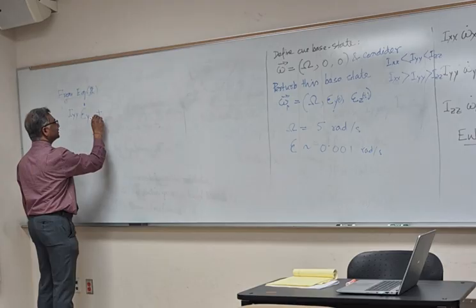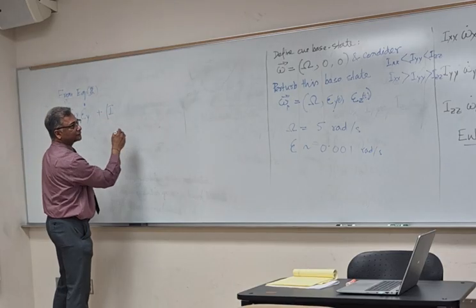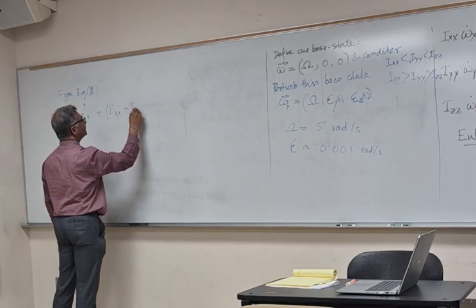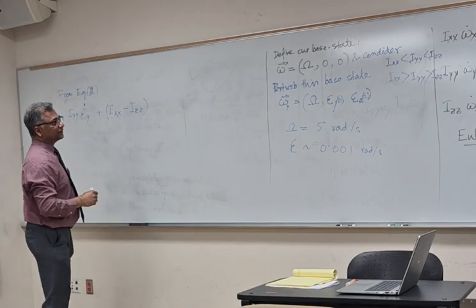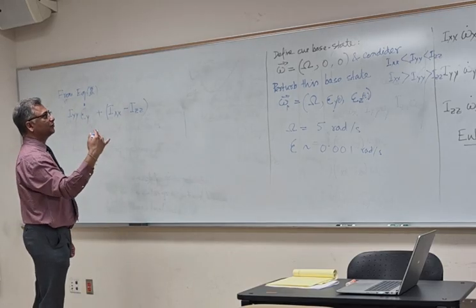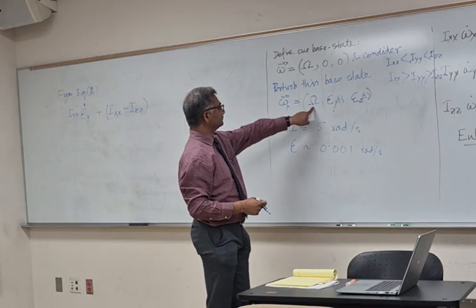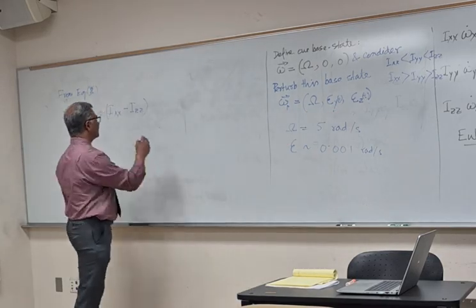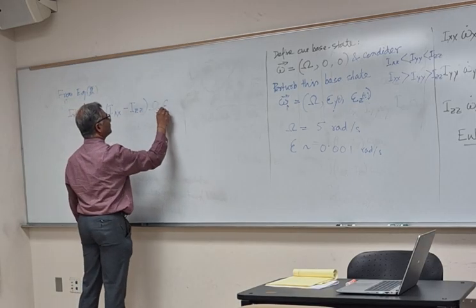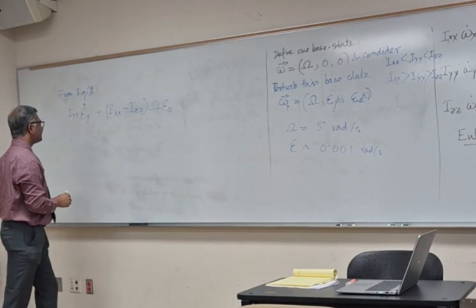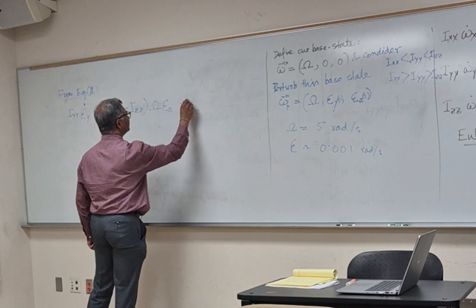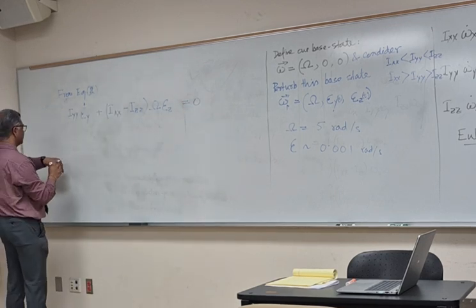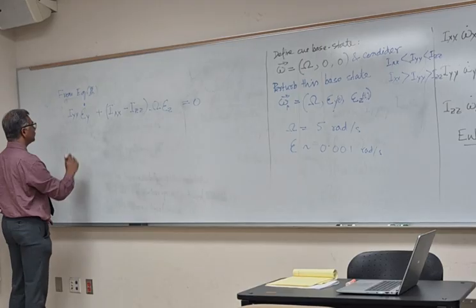What is the second term? Ixx minus Izz, and then we have omega x and omega z. What is omega x? That capital constant Omega. Omega z is epsilon z. So capital Omega epsilon z, and that is equal to 0. Let us do one more step.